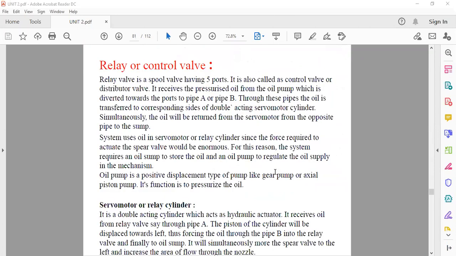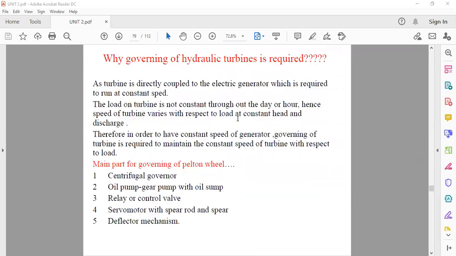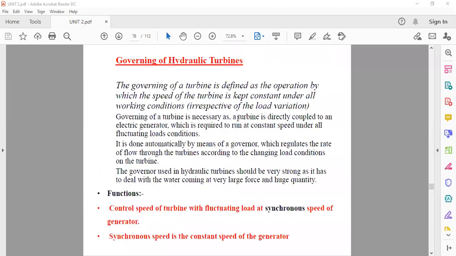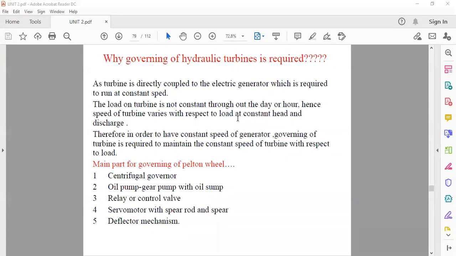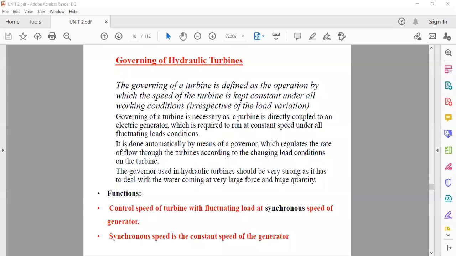So, let's start governing of hydraulic turbine. Governing of hydraulic turbine means, in case of flow of water, we have water storage capacity in our India in the dams. So dam water is used for producing electricity.